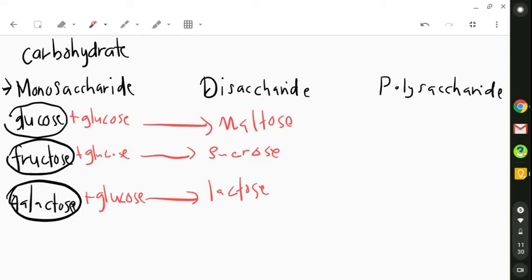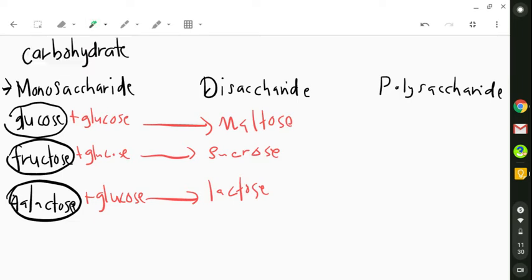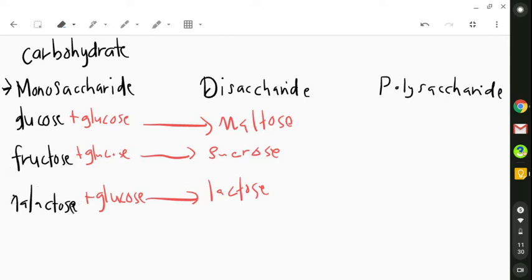And monosaccharide has three types, which are glucose, fructose, and galactose. So this is our monosaccharide.